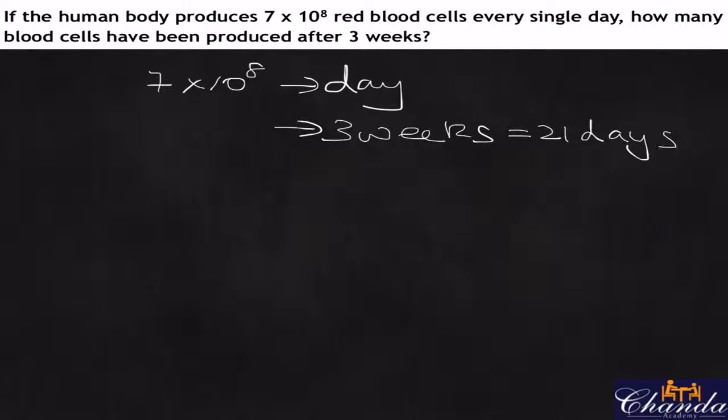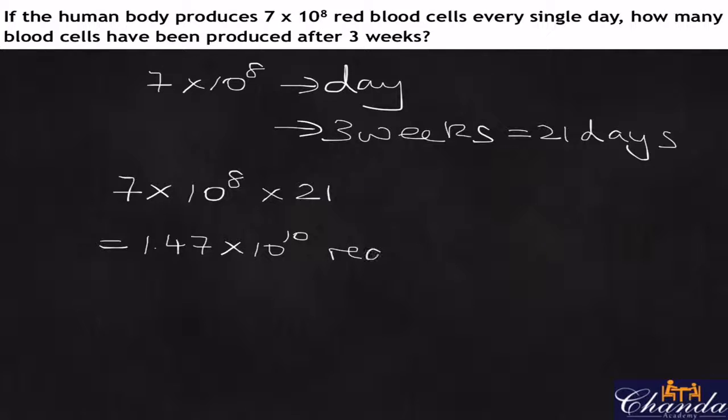So if 7 times 10 to the power of 8 blood cells are produced each day, then in 3 weeks, it'll simply be 7 times 10 to the power of 8 times 21, which gives us a value of 1.47 times 10 to the power of 10 red blood cells.